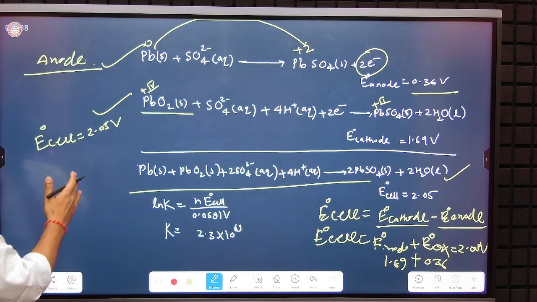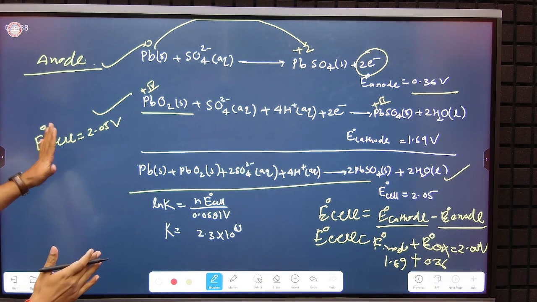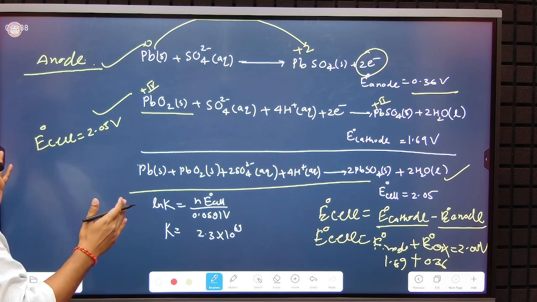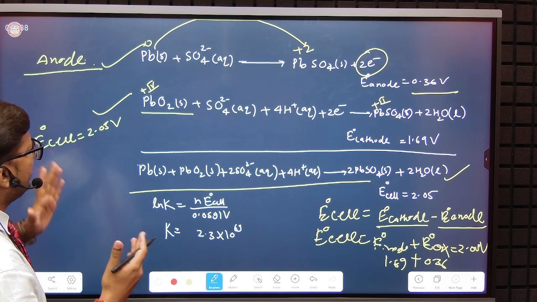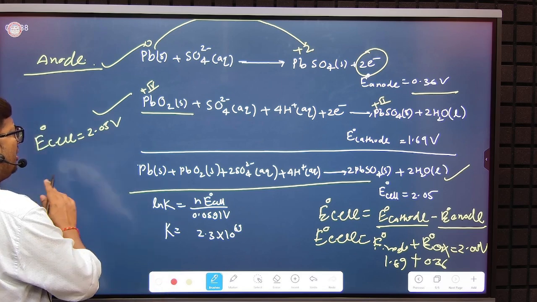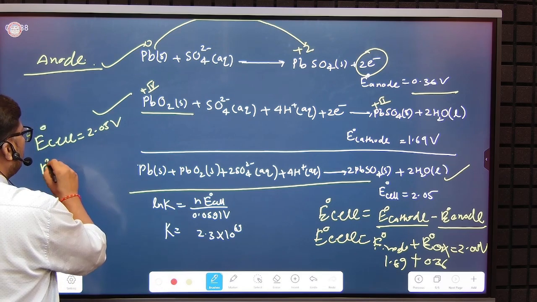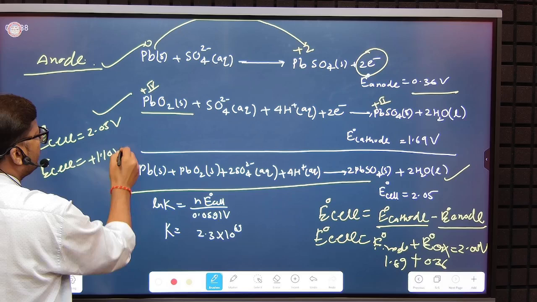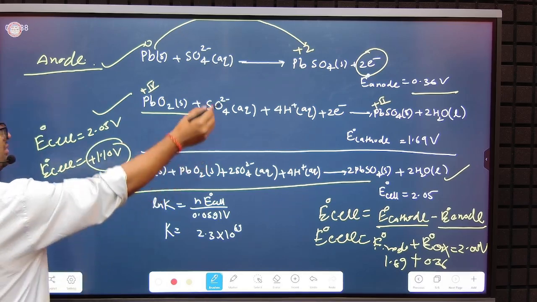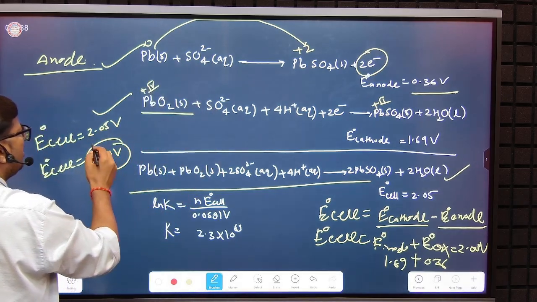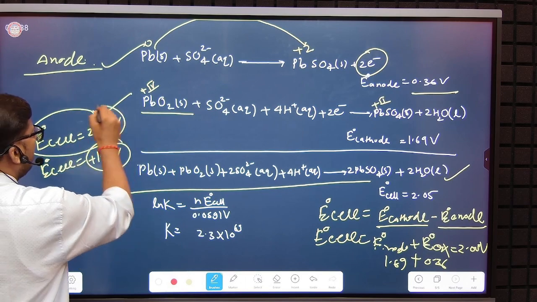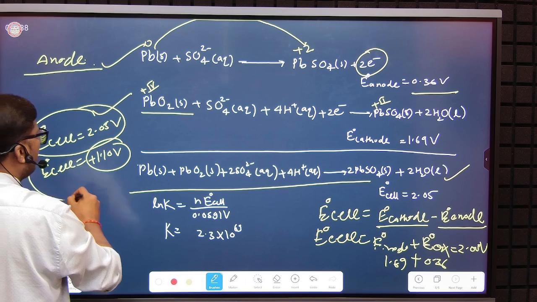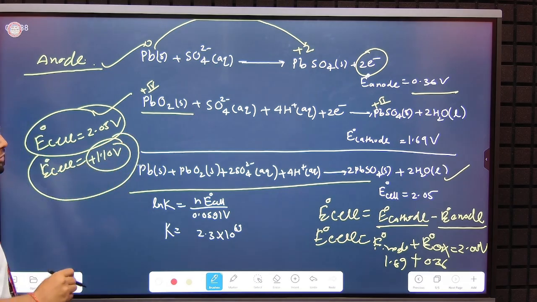The value is comparatively high compared to the zinc-copper electrochemical cell. In the zinc-copper electrochemical cell, E0 cell was +1.10 volt. So this type of combination produces a more powerful cell, and the zinc-copper combination produces a less powerful cell.